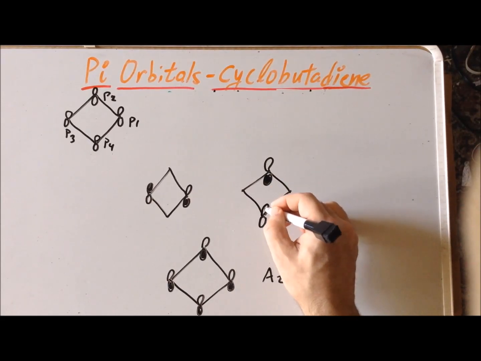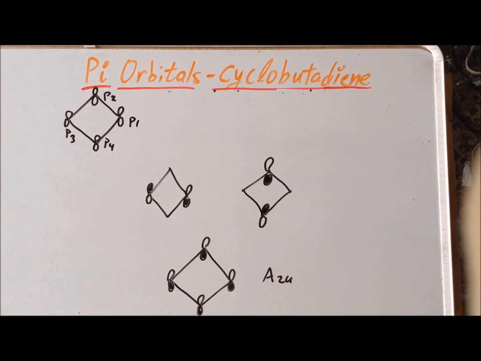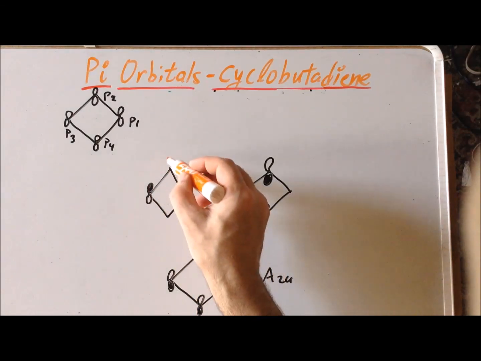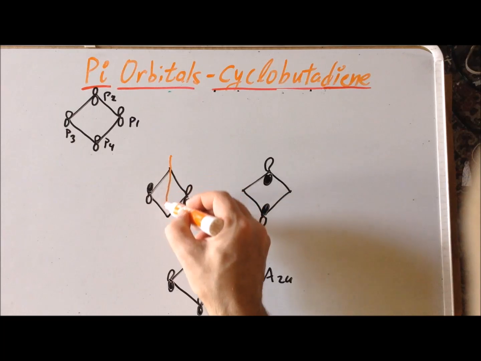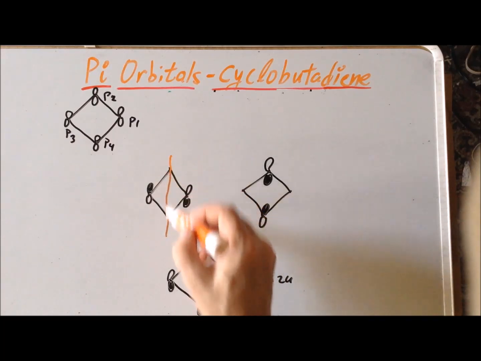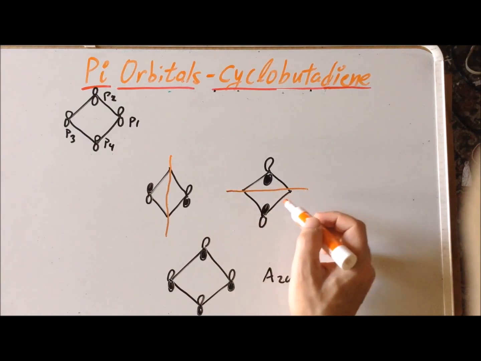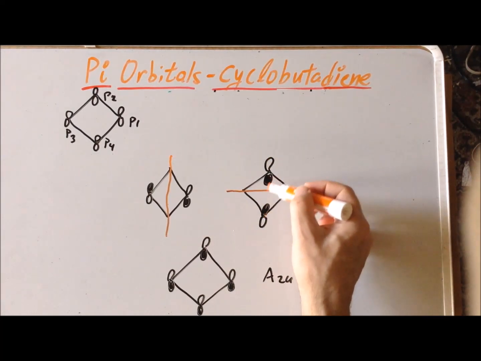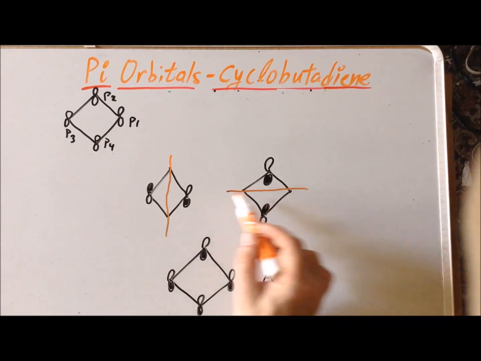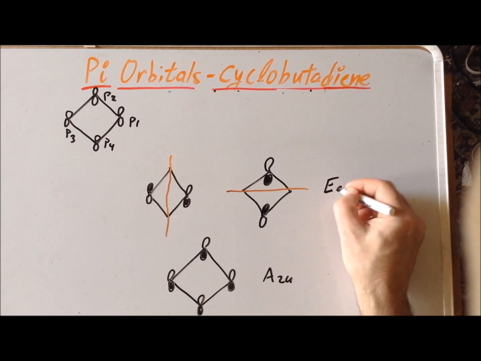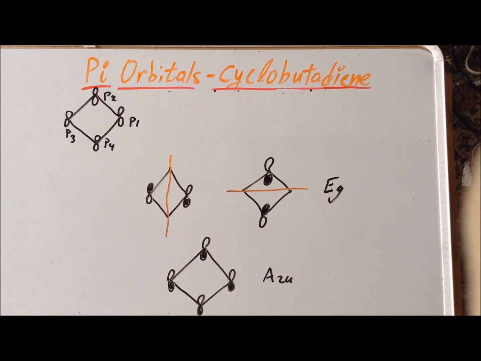Since they have opposite phases, they are out of phase. And we notice for this particular molecular orbital that we go from negative phase to positive phase. So it must go through 0, so we end up having a node through these two carbon atoms. And for this EG orbital, we go from positive phase to negative phase, so we must go through 0, so we have a node through carbon atoms 1 and 3. So the EG combination is the next highest in energy.